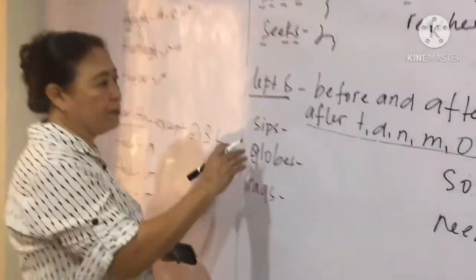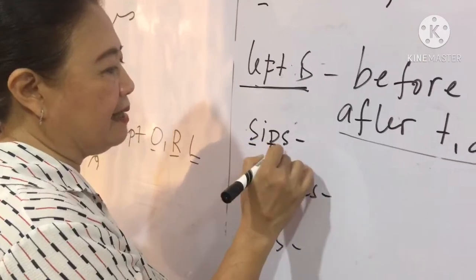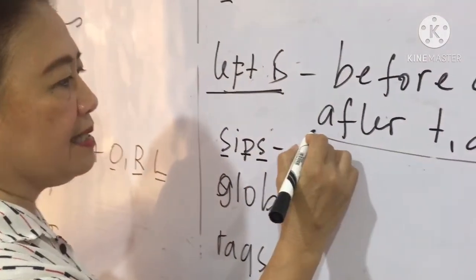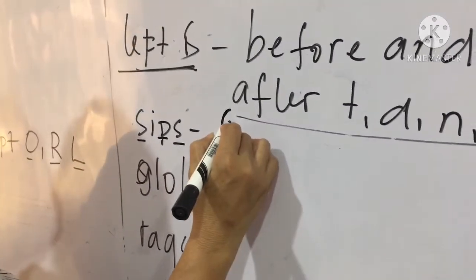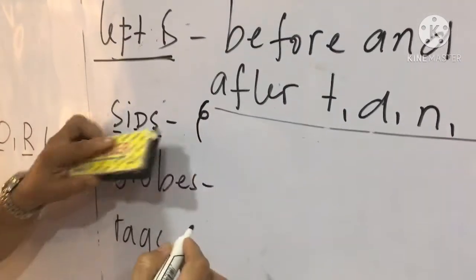Like the word sips, before P, there is an S, and after. So therefore, you have to write the left S. When you use the left S, automatically, this circle is also written counterclockwise.